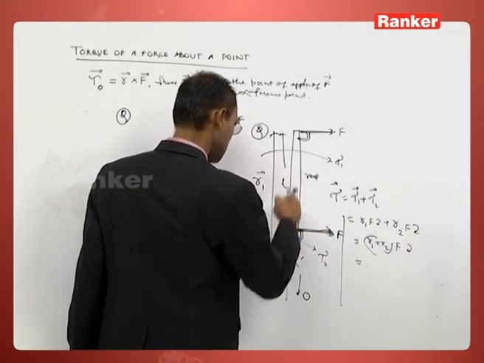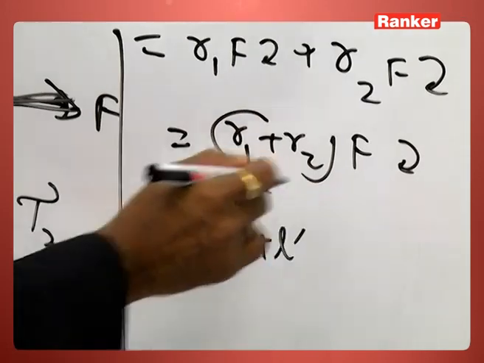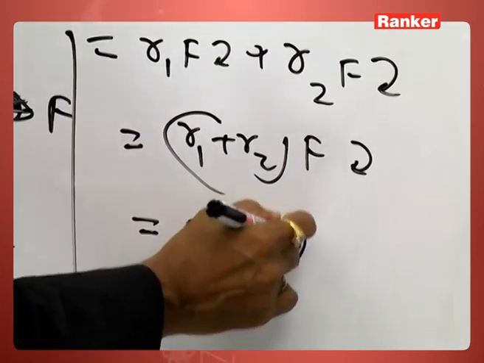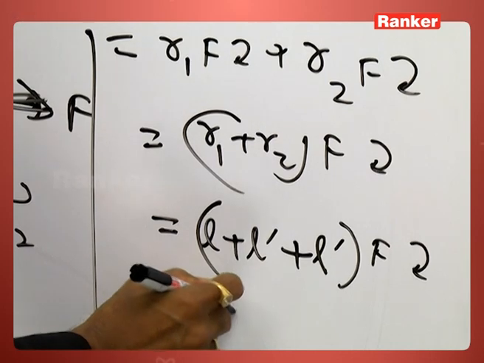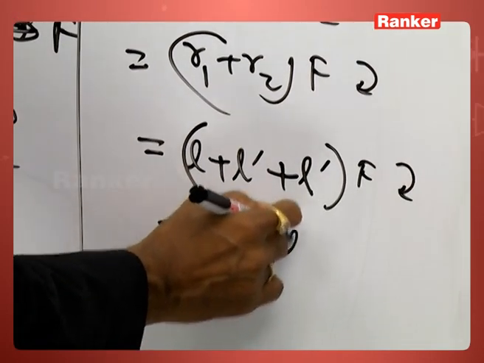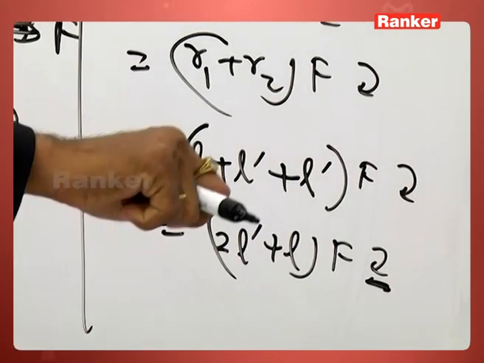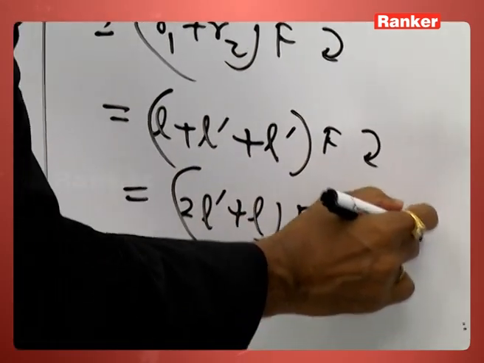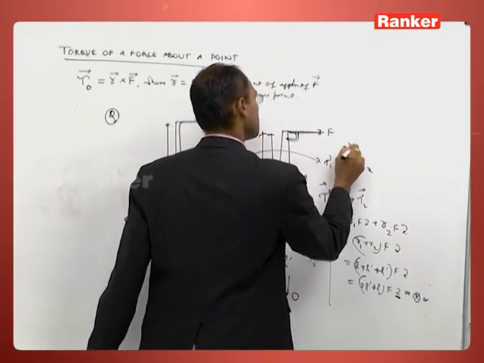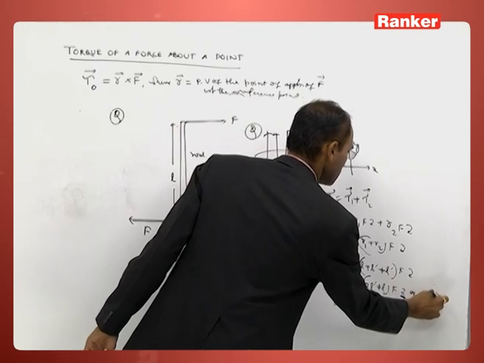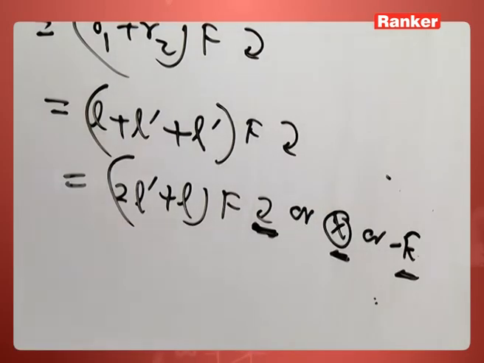What is R1? R1 is equal to L plus L dash. What is R2? That is L dash. So it is (2L dash plus L) into F. Either you can write it as clockwise, or if this is the x direction and this is the y direction, it will be in the minus k cap direction. Either is correct.